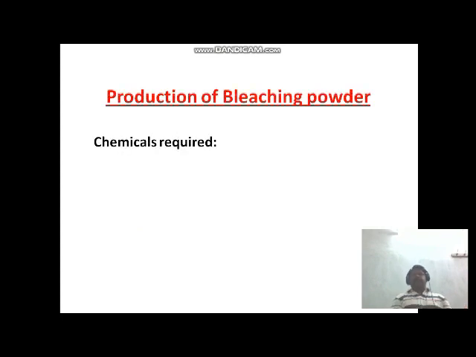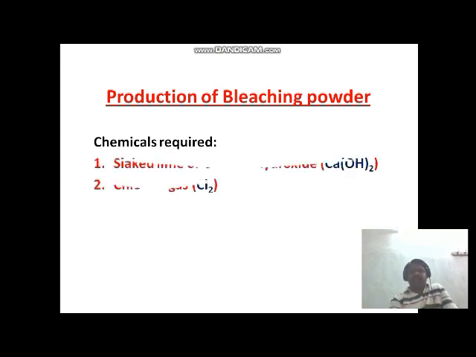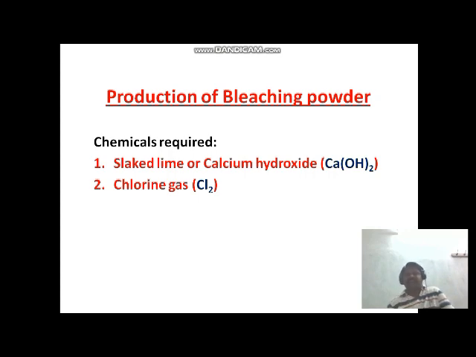Next, production of bleaching powder. For making the bleaching powder, what chemicals are required? The chemicals are slake lime, not snake lime. Slake lime is the common name and the chemical name is calcium hydroxide. The chemical formula of calcium hydroxide is Ca(OH)2. And the other chemical substance is chlorine.